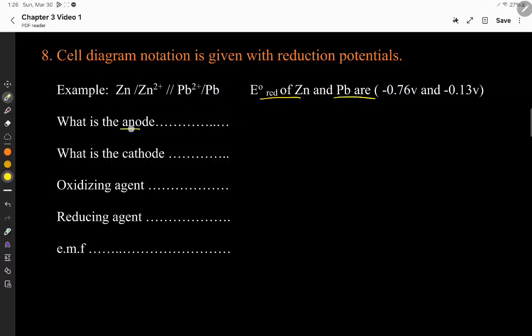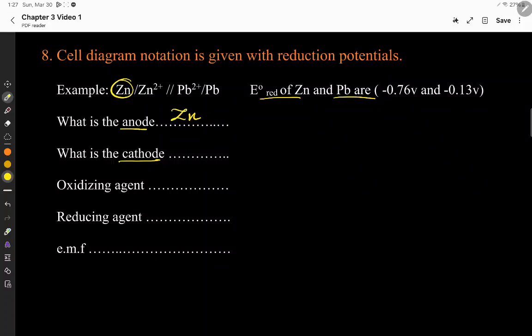It tells us what is the anode. The anode is zinc. It tells us what is the cathode. This is the cathode half cell. The cathode should be in free state, in zero state. We should not choose this one. We should choose this one in zero state, because the anode and the cathode should be free elements in their zero state.